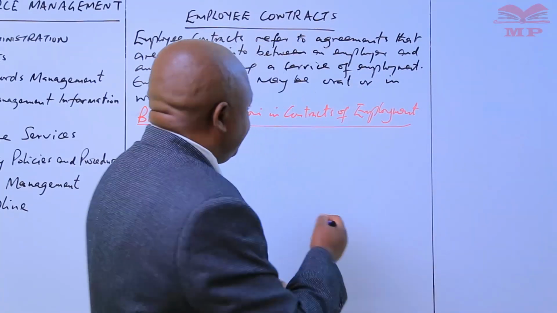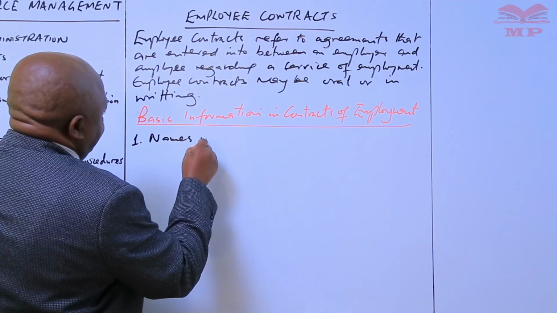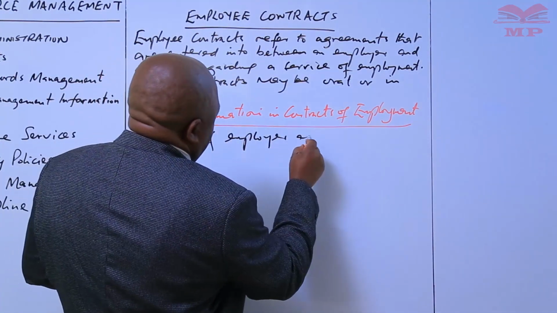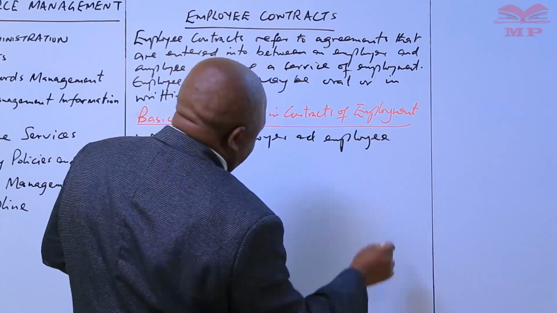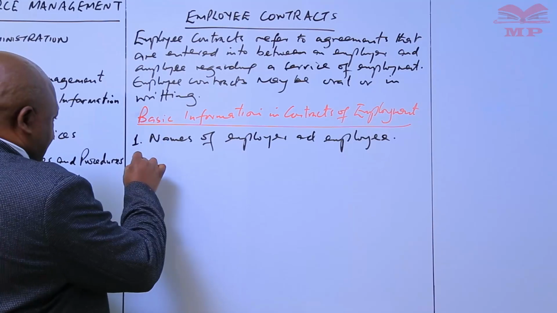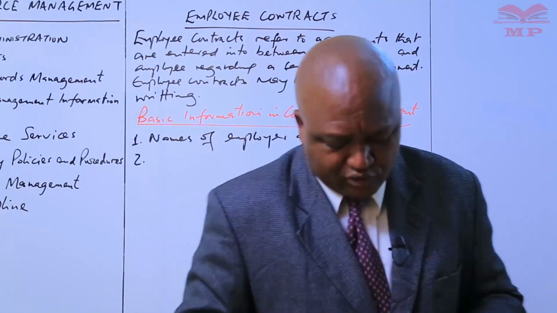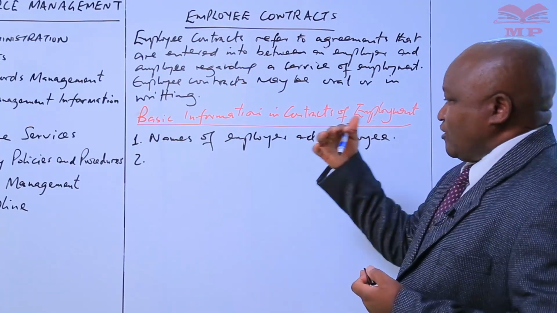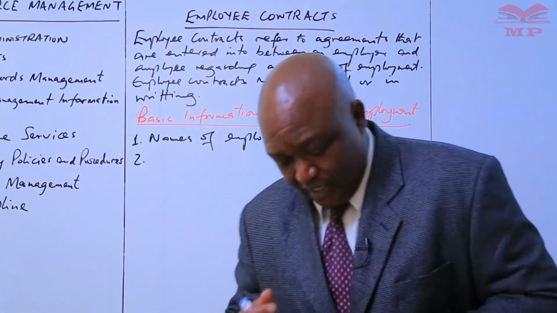So the first thing that should be there, names of the employer and employee. This is very important so that this identifies that this contract is between employee A and organization B. That is very important, that must be captured.